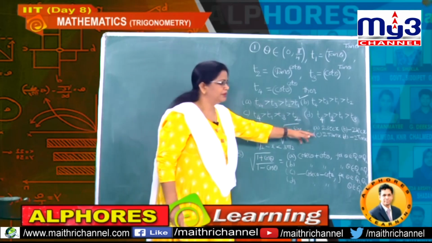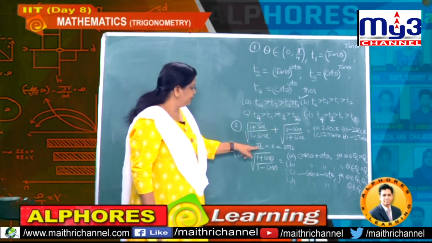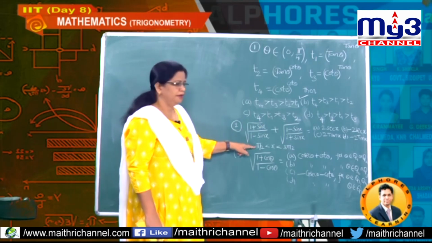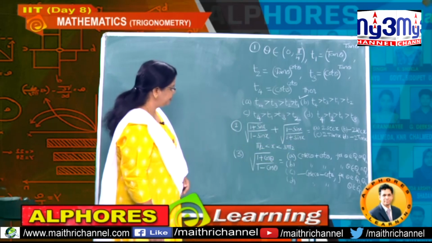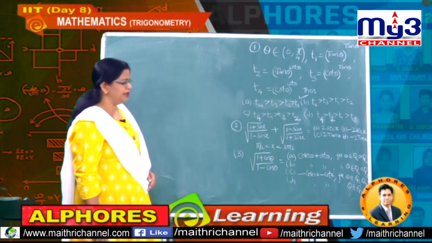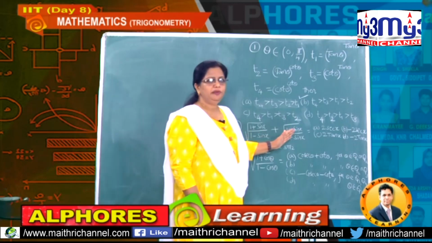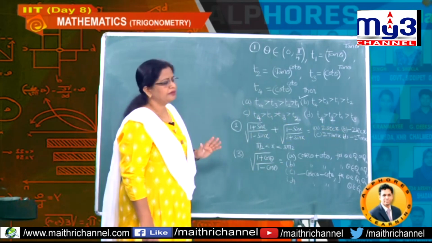Observe that in the 4 options there is no square root at all. Now what is the x value given? The x value is given as pi by 2 to 3 pi by 2. So students, our concentration first of all is on how to eliminate the square root, because in the 4 options there is no square root.